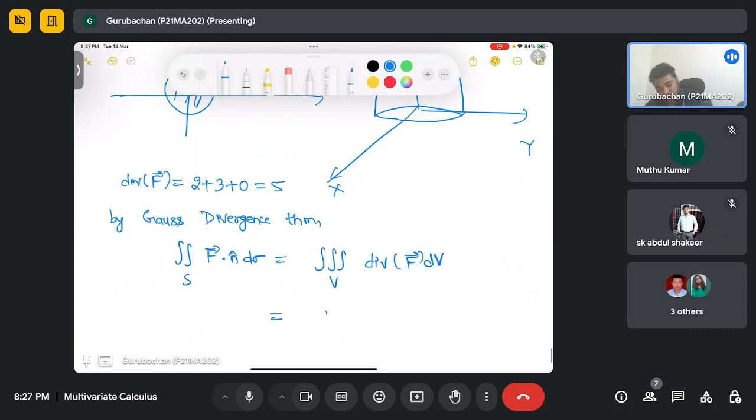The divergence of F is coming out to be 5, dz dy dx.